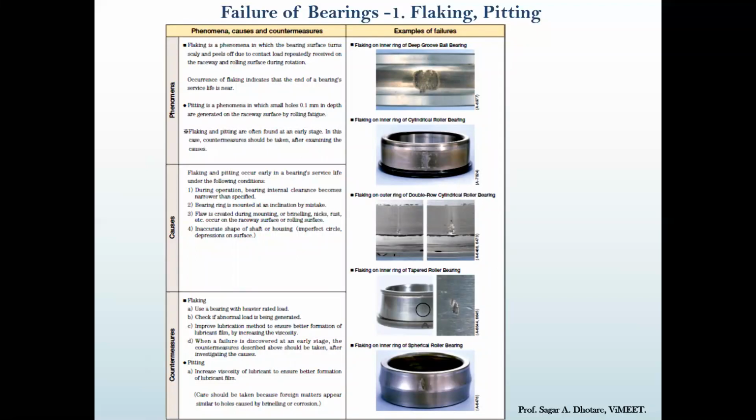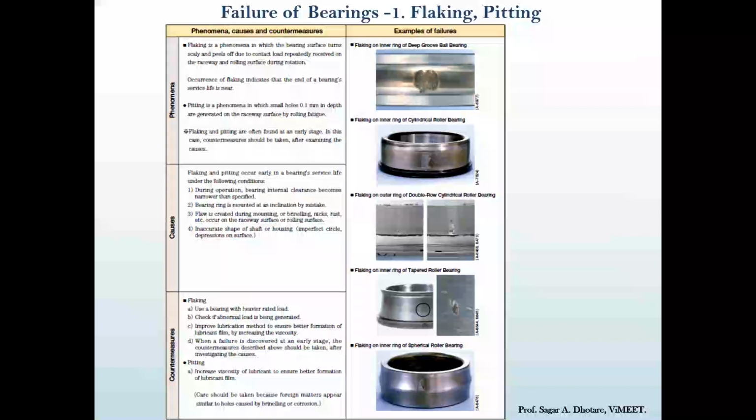And there is a second, related phenomenon, which is pitting. Pitting is the phenomenon in which small holes, about 0.1 mm in diameter and depth, are generated in the raceway surface by rolling fatigue.